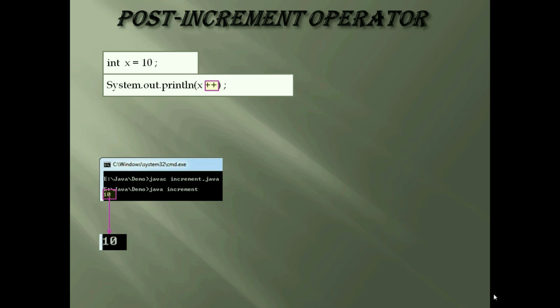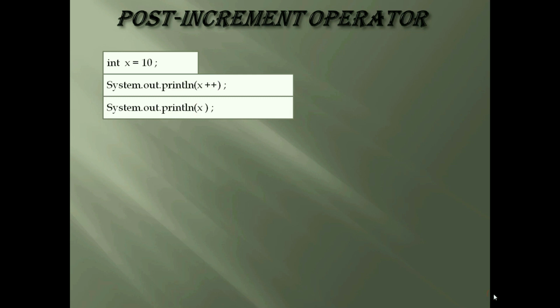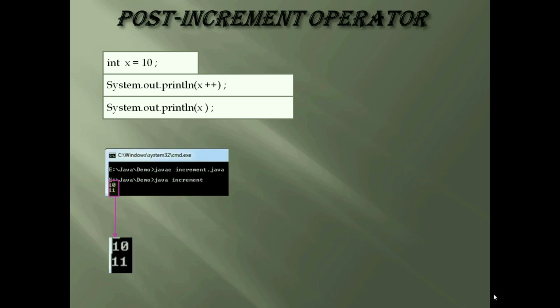So this ++ operation will increment the value of x in the next usage of x. To check this, I will print the value of x here again. The value of x will be incremented by 1. Now let's compile and run the program. So the output is this.